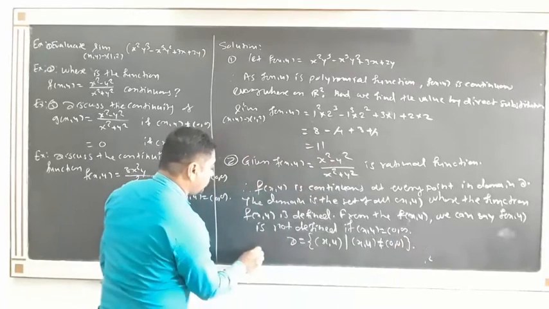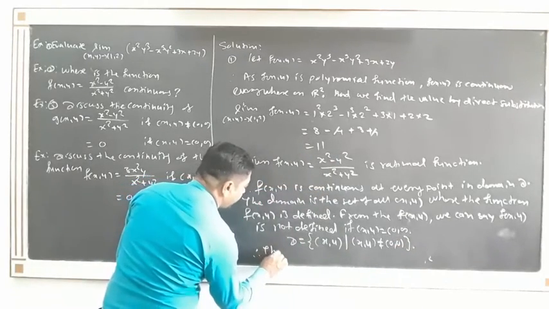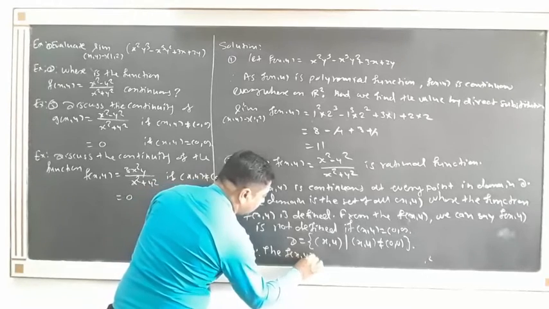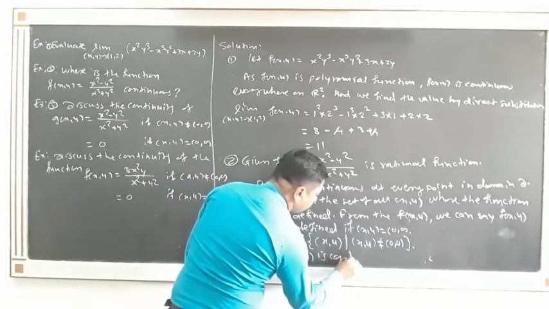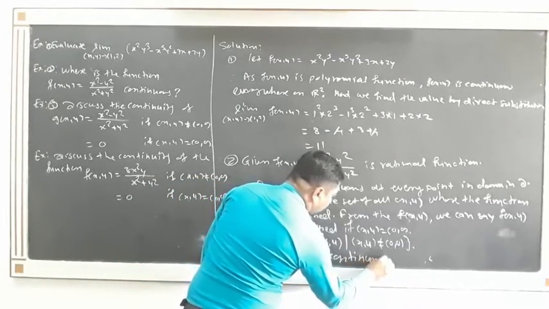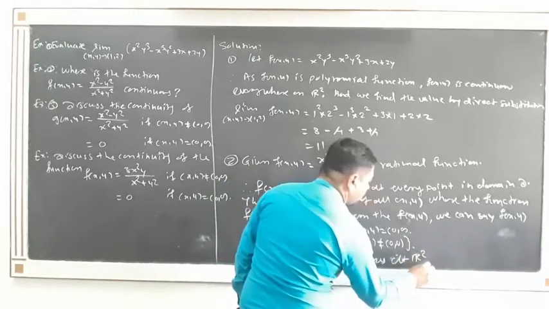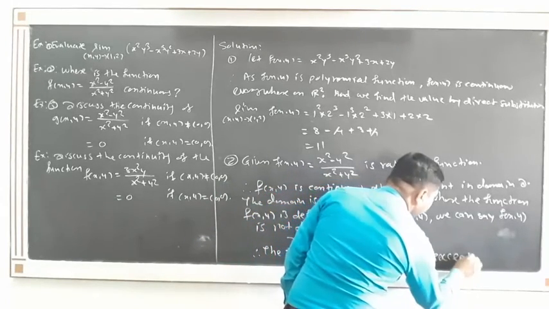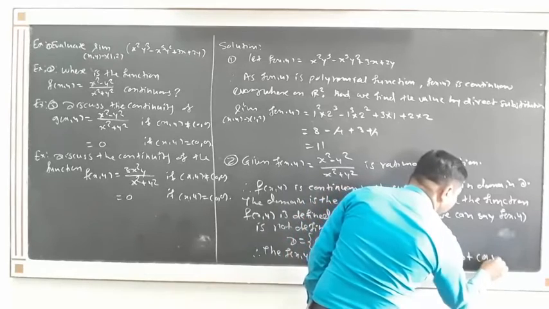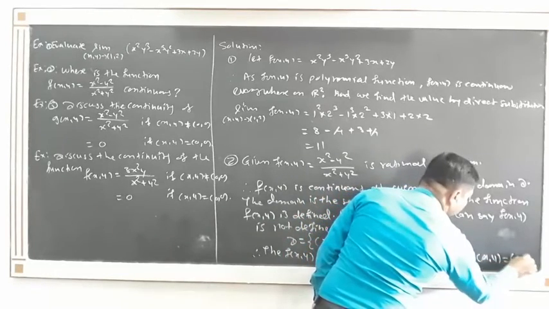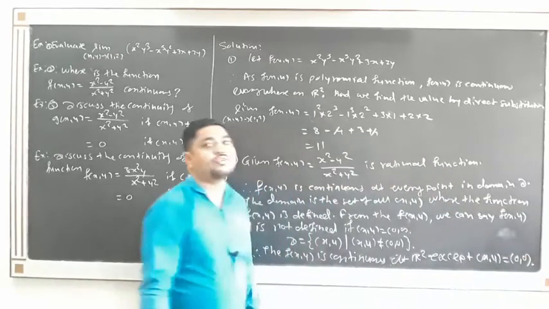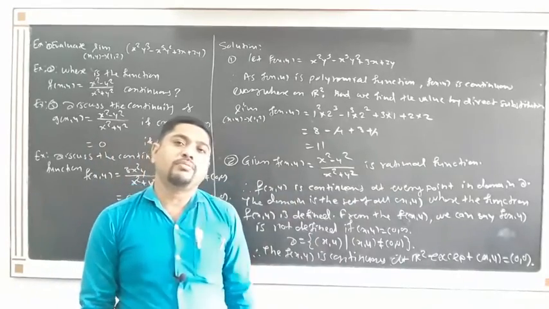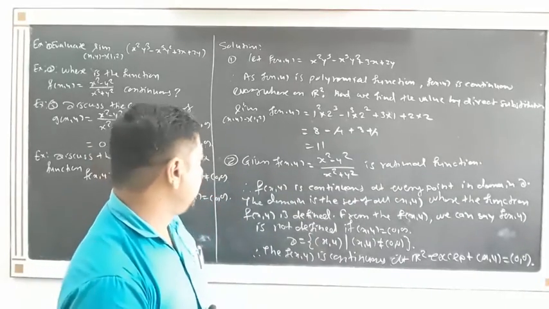Okay. Therefore we can say that f of xy is continuous except xy is equal to 0, 0. Therefore it is continuous for all points except 0, 0 or the origin. Okay.